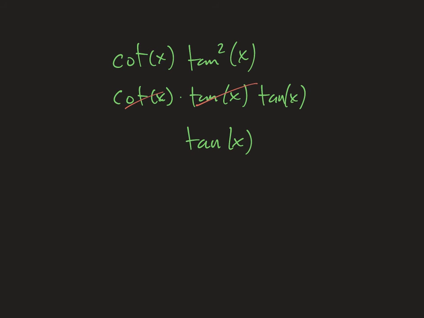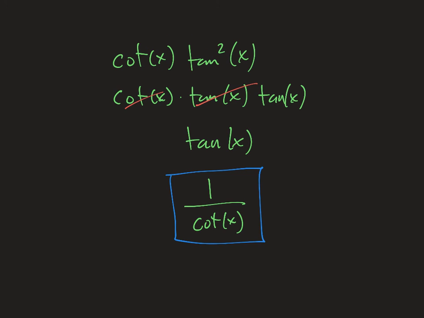Remember that tangent and cotangent are reciprocals. So if I want to change the tangent of x into terms of cotangent of x, I simply have to write it as a reciprocal. And so the final expression, just in terms of cotangent of x, is 1 over cotangent of x.